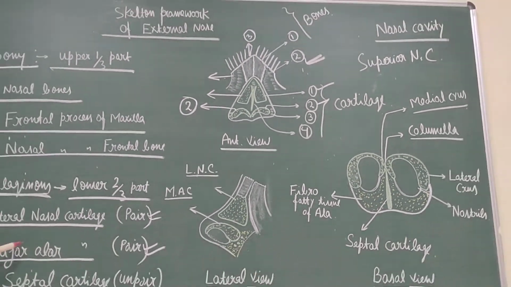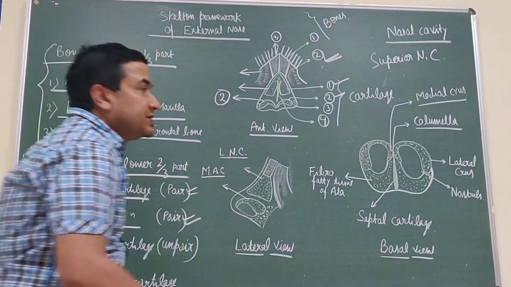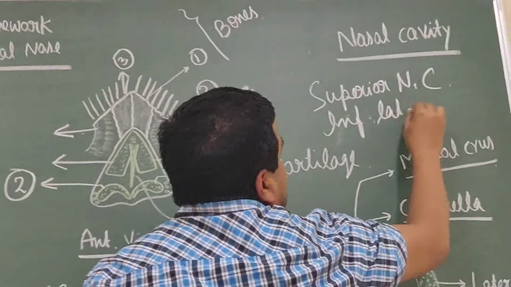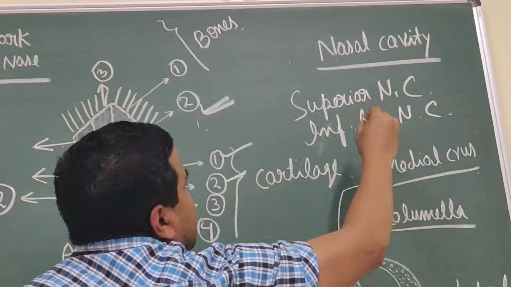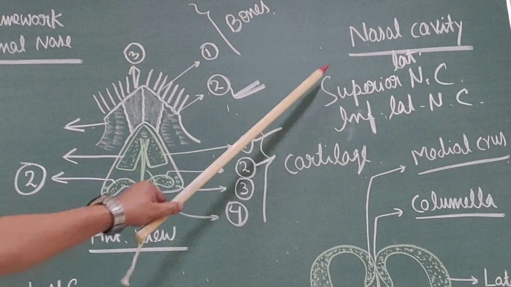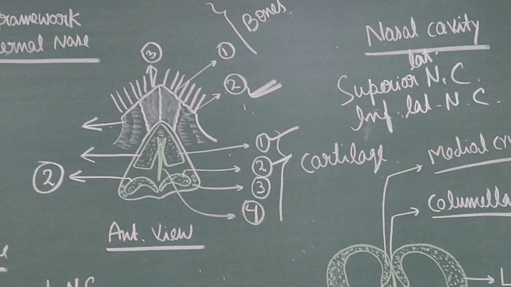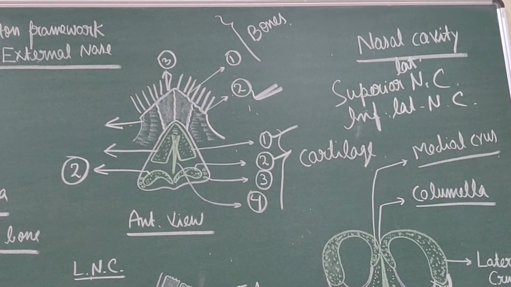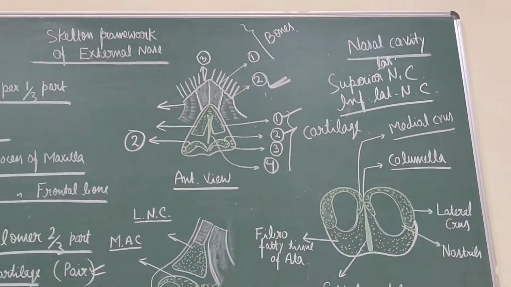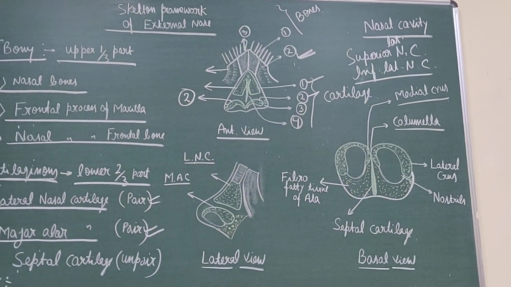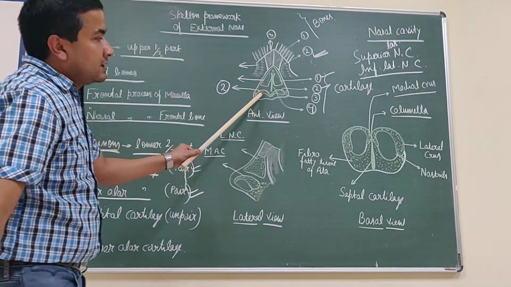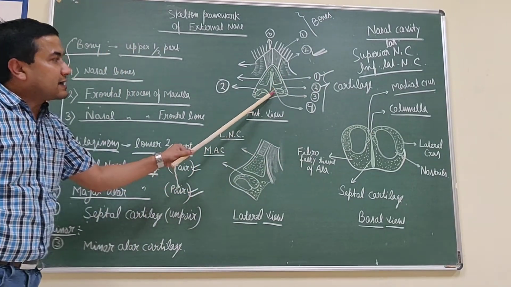And this major alar cartilage is also known as the inferior lateral nasal cartilage, while the superior lateral nasal cartilage is the lateral nasal cartilage. Both are paired.